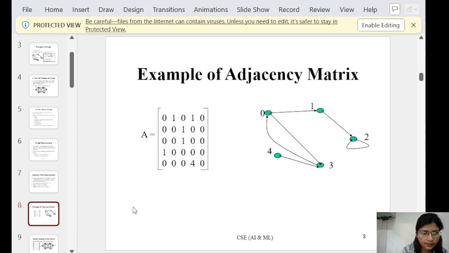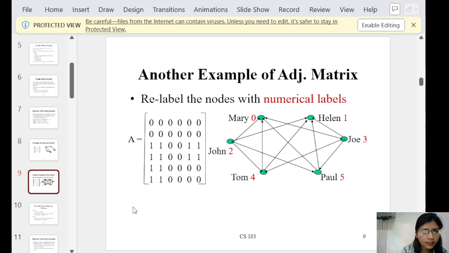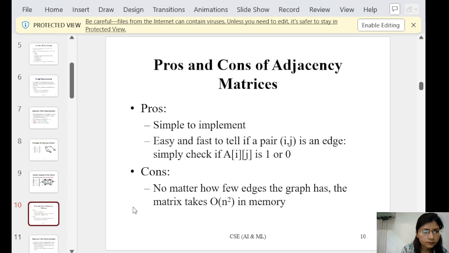Example of an adjacency matrix: A equals, suppose, this matrix 0, 1, 0, 1, 0, like that. Another example of an adjacency matrix: relabel the nodes with numerical labels. Then pros and cons of adjacency matrices.